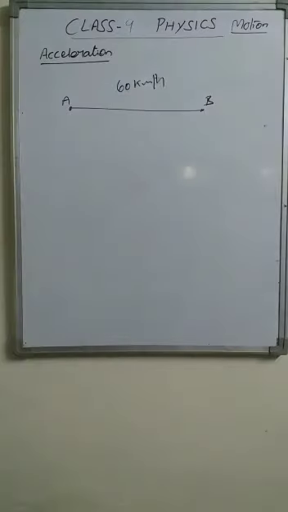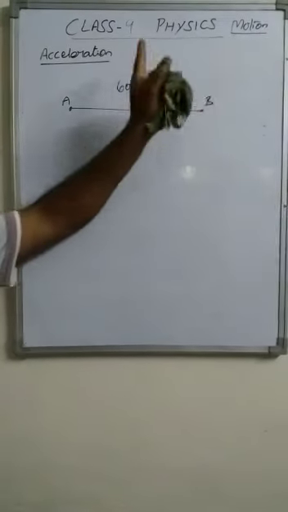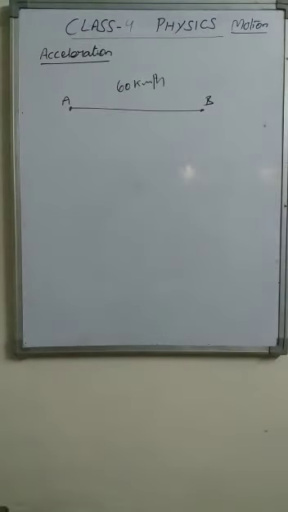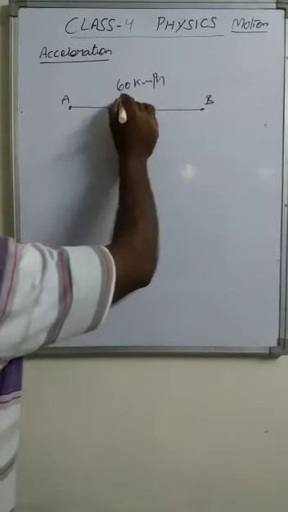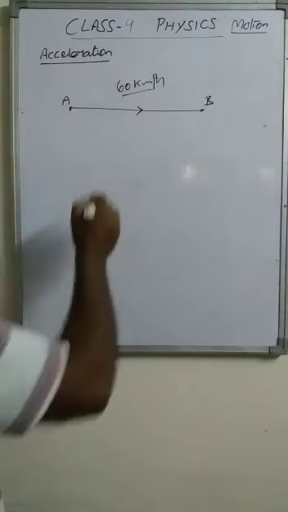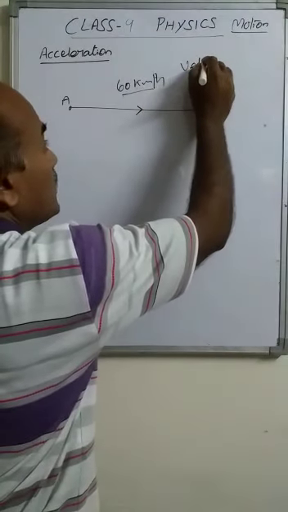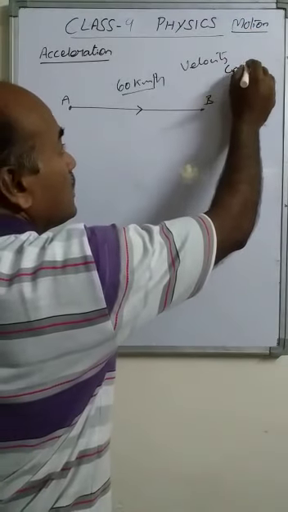It is not changing. Then you will say the object is in uniform motion because the speed is constant. In that, the speed is constant, direction is also constant. So we say the velocity is constant. Velocity is not changing.